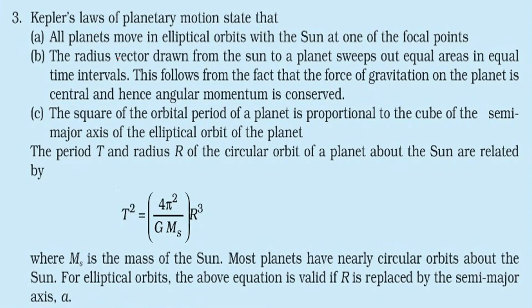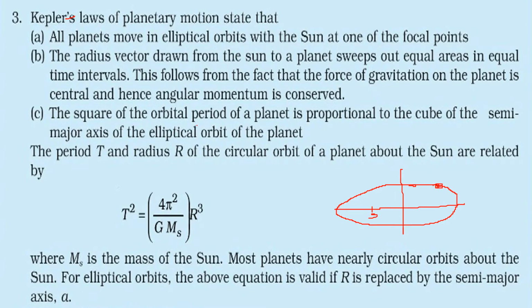Kepler's laws of planetary motion are three very important laws. All planets move in elliptical orbits with the sun at one of the focal points. This is the elliptical orbit, and this is the sun at one focal point; all are moving like this.